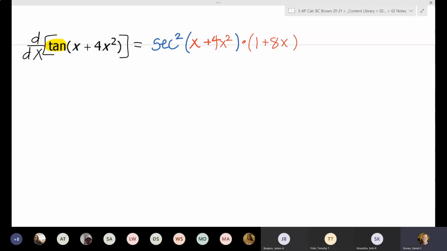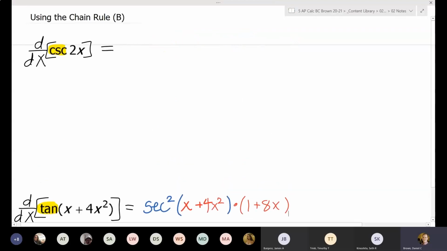All right, and then going back to this one, I think this one's tricky because the derivative of cosecant is kind of weird. I'll just kind of go off to the side to remind you, if you're taking just the derivative of cosecant of x, its derivative is the negative product of cosecant and cotangent. And notice how the x is repeated twice in that. You have to kind of do the same thing with the chain rule.